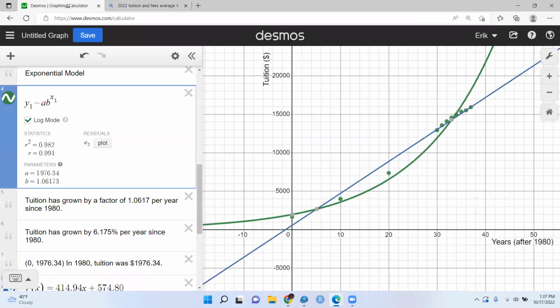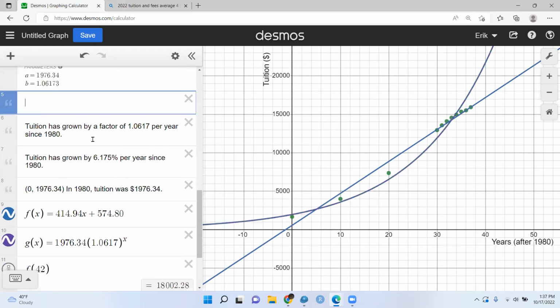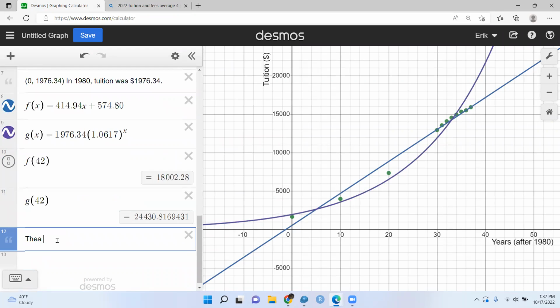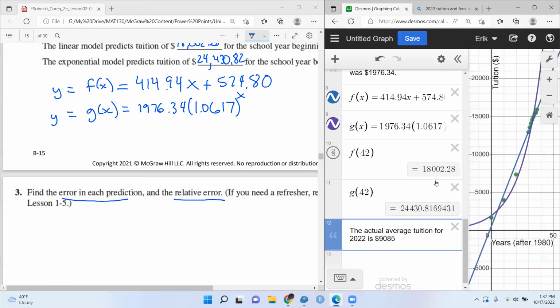All right, so I'm going to go back to Desmos, and I'll put that in a note, and I'll say the actual average tuition for 2022 is $9,085, based on that source.